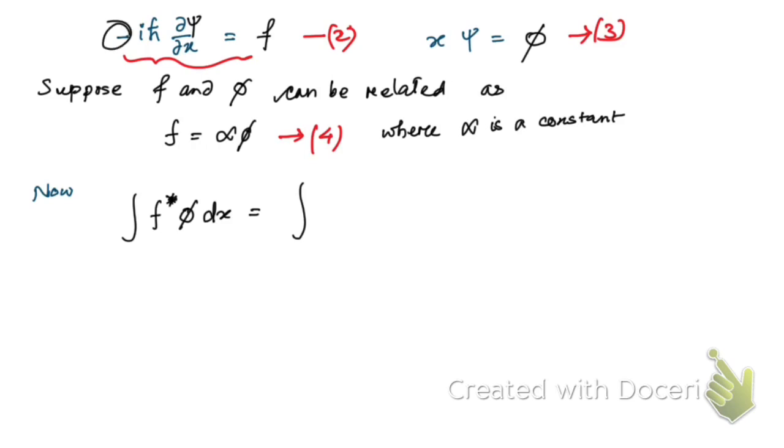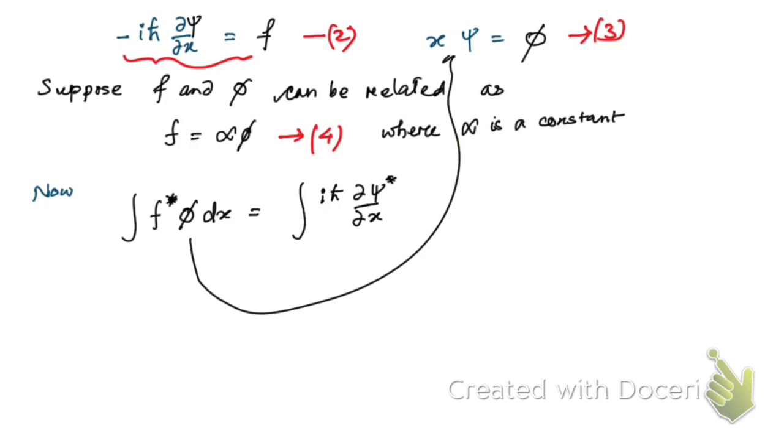This minus becomes positive, so we get i h bar then del psi star by del x, where psi star is the complex conjugate of psi. And phi is nothing but x psi, so x psi dx.